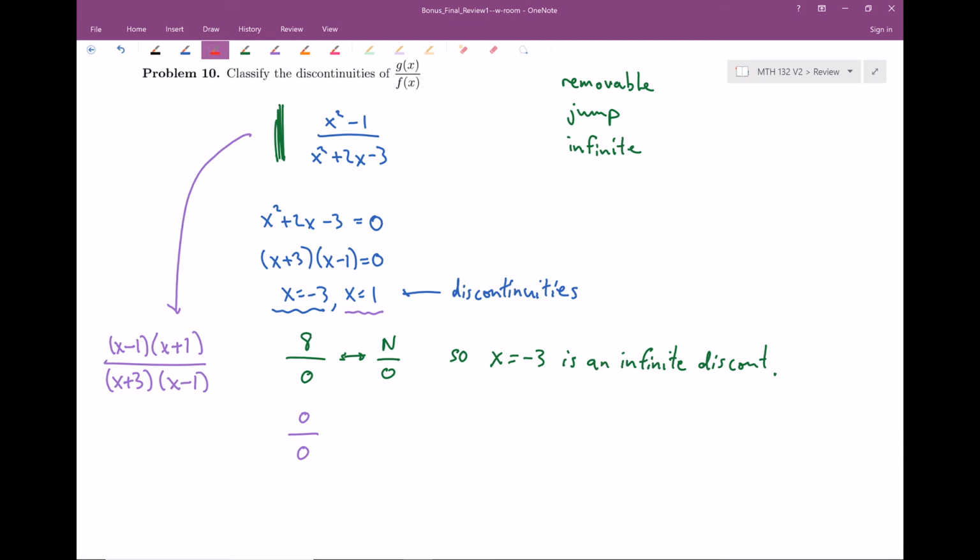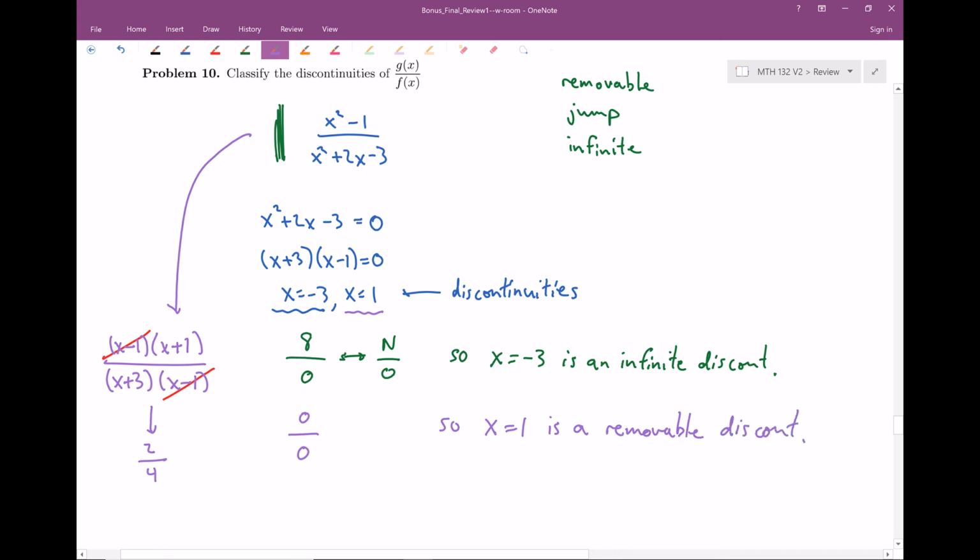And we can see now that the x minus 1s perfectly cancel out. And now if I plug in 1, I would have 2 on top and 4 on bottom. So I've effectively removed this discontinuity. This makes sense. So x equals 1 is a removable discontinuity.